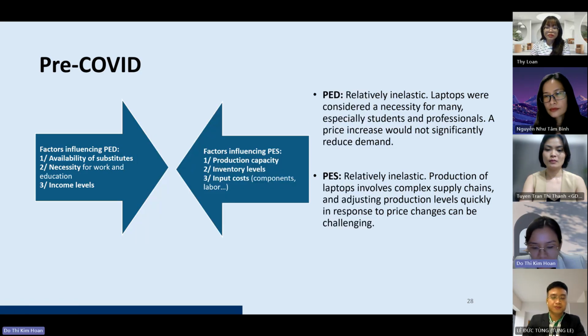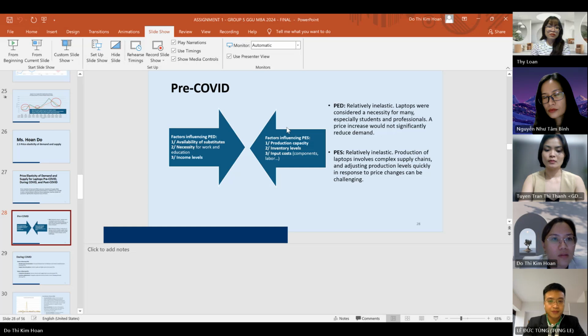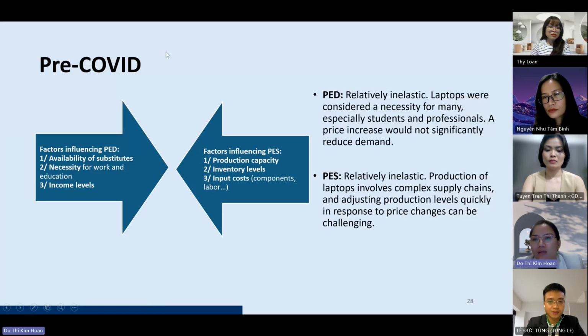For price elasticity of demand and price elasticity of supply, it was relatively inelastic. Because before COVID, a laptop was considered a necessity for many, especially students and professionals.